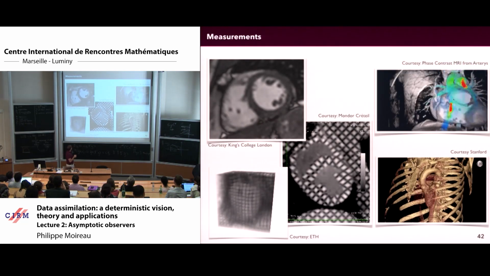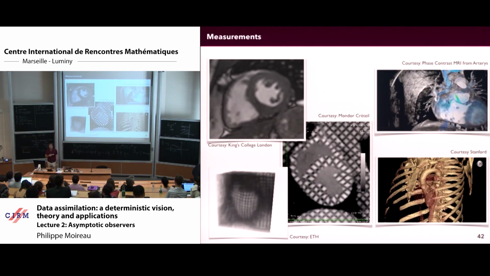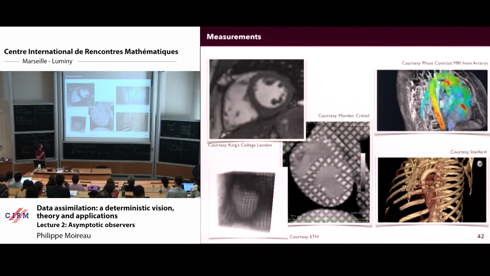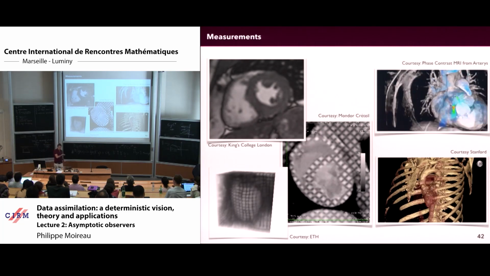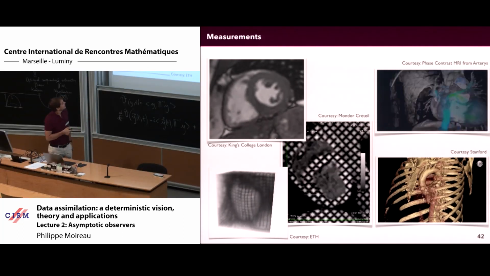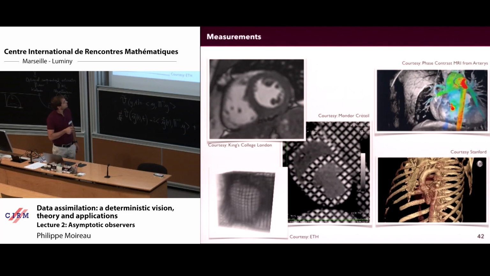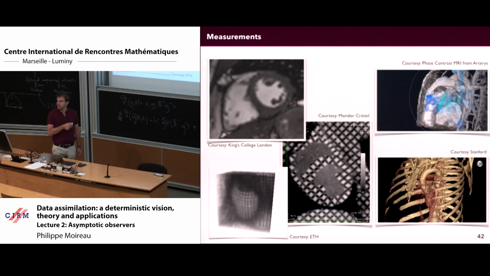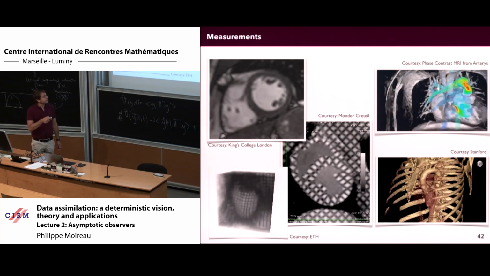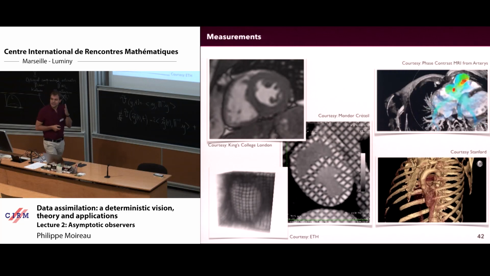And on the heart, you have plenty of measurements. Okay, this is a cine MRI where you see the heart, so the cut is like that, basically, and you see the heart contracting. This is the same type of images, but you see here a grid. Do you see it? This grid is like a magnetic grid, so it's called a tagged MRI.